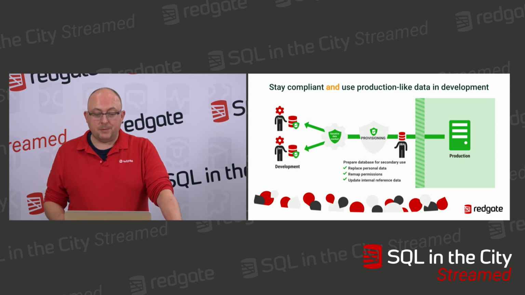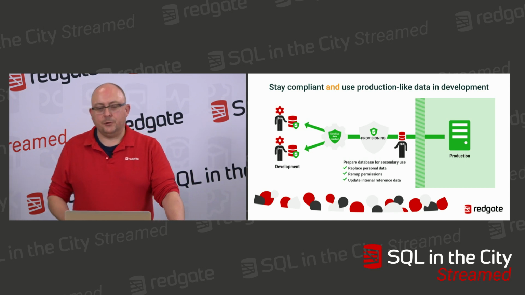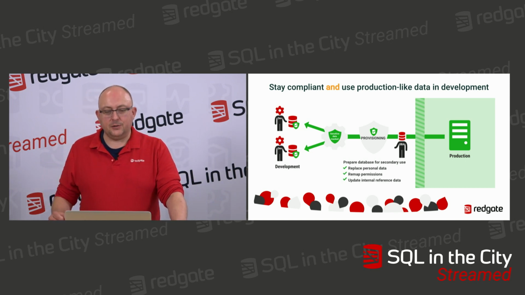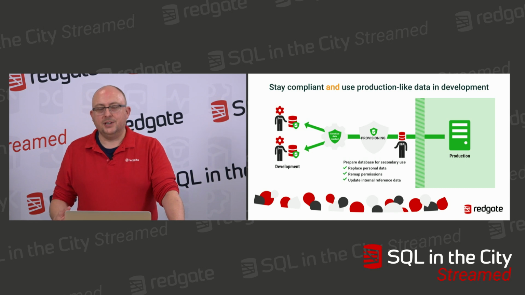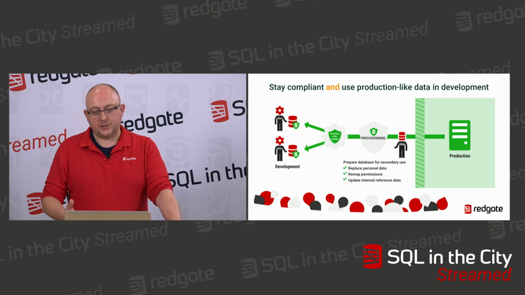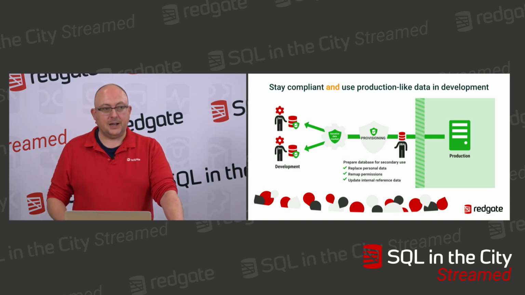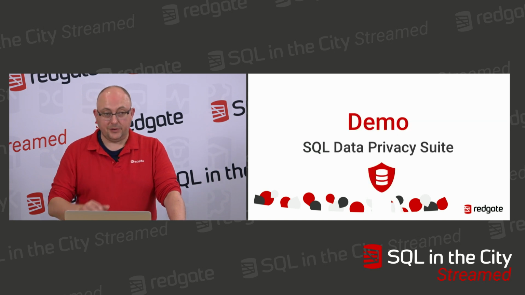So you probably want to remap your permissions, and for many people, you'll want to replace internal reference data, service endpoints, and lookup tables. So you've got operations that you need to perform in order to stay compliant, in order to maximize the protection that you're applying to production data when you're moving it out of the production environment.